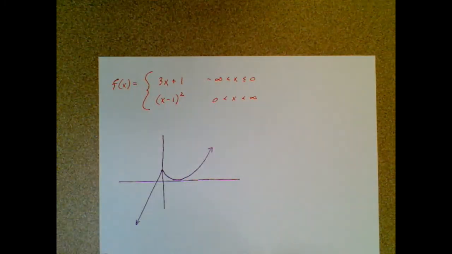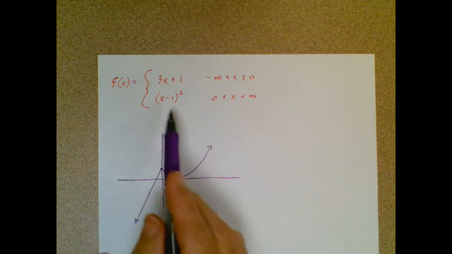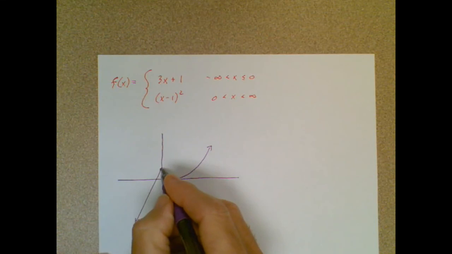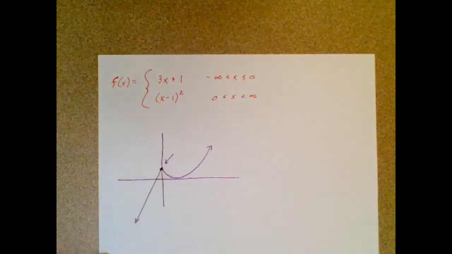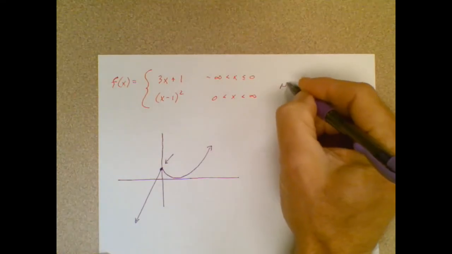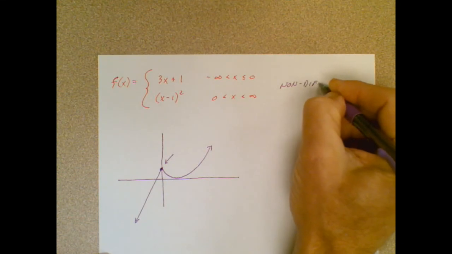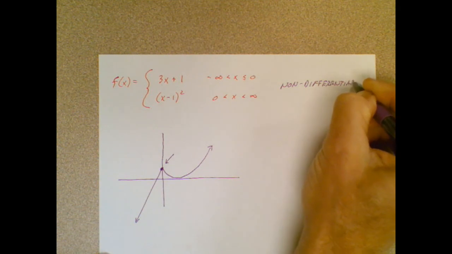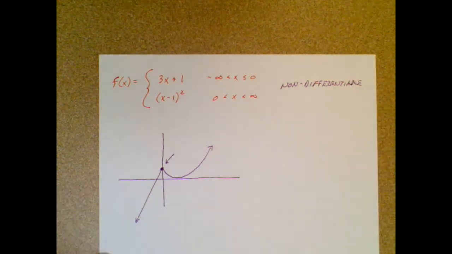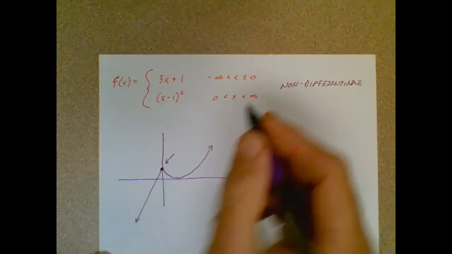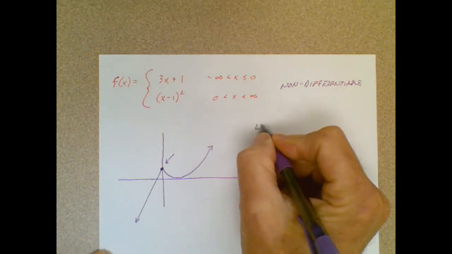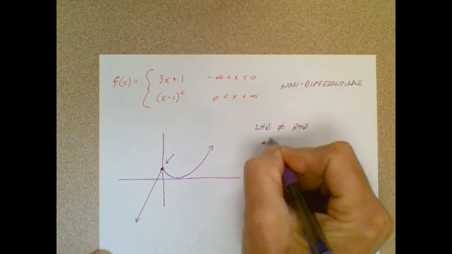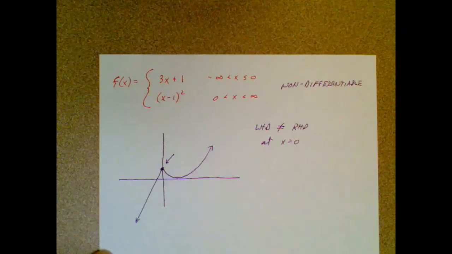Similar piecewise function, but now just by graphing, I can already identify a corner point. So I would say this is non-differentiable. The slang justification is it's a corner point. The better justification is the left-hand derivative does not equal the right-hand derivative at x equals 0.